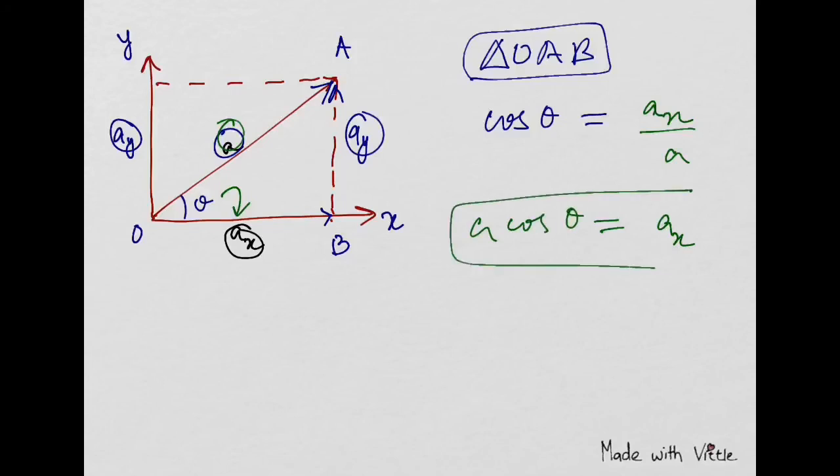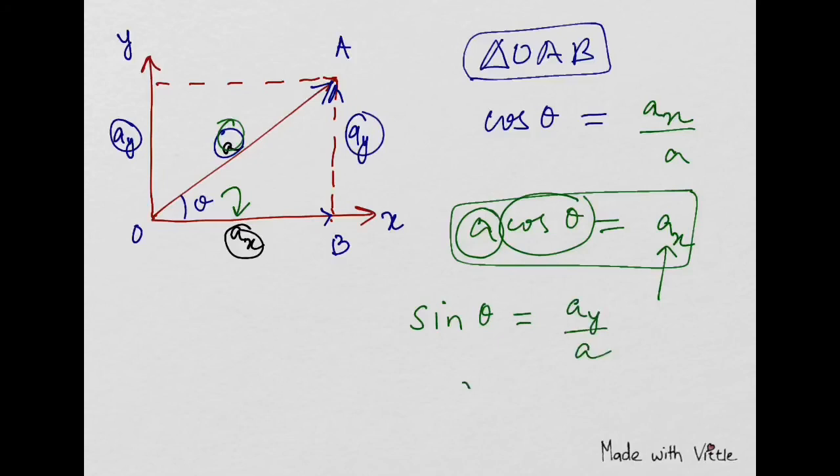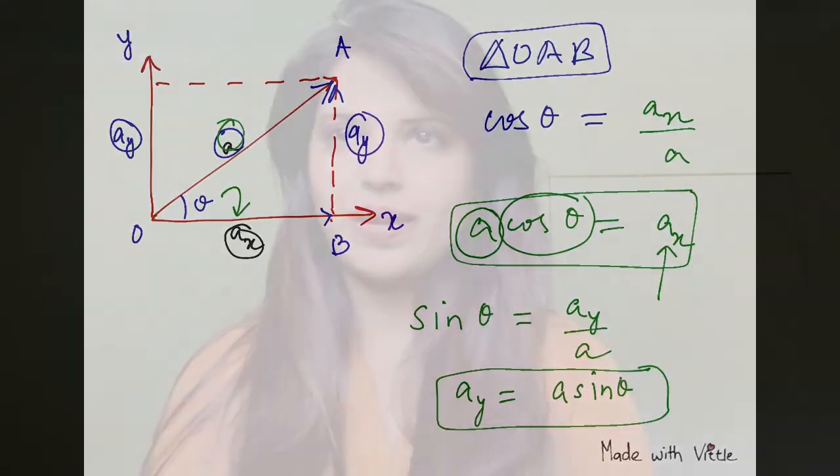This is how you represent the X component of any vector in terms of the magnitude of the vector and the cosine of the angle that the vector makes with the x-axis. Similarly, if I take the value of sine theta from the same triangle OAB, it comes out to be AY over A. So AY comes out to be A sine theta, and that is how you represent the Y component of any vector.